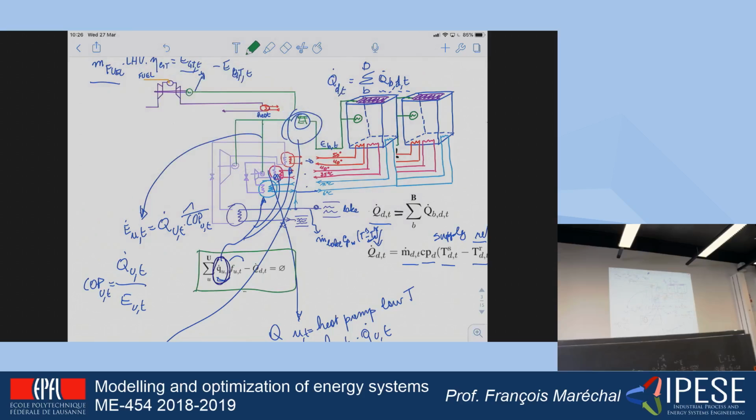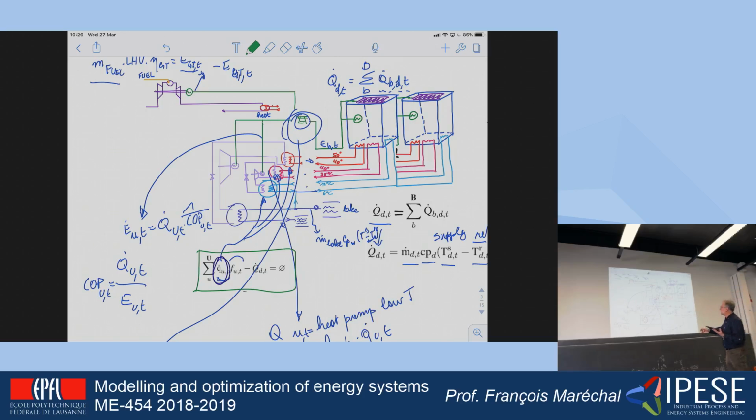This equation tells us that the amount of heat that needs to be distributed to a distribution system at a given time is supplied by using a given unit U at a certain level, f_U,t. So it's the level of usage of the unit U at time t.